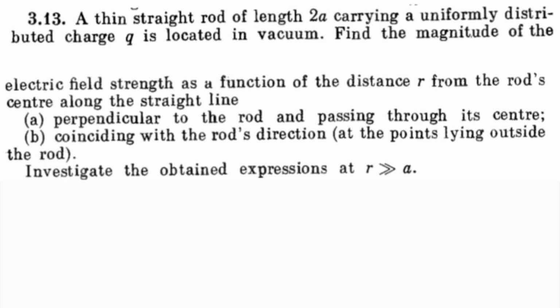In the first part we begin by constructing a charged line wire. So this is the charged thin straight rod. The length of this rod is specified as 2a, and it has positive charge spread uniformly over its length.